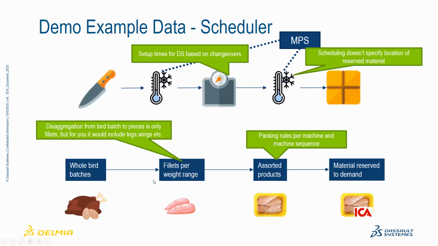Third, as I mentioned, we'll be looking at fillets per weight range. So for example, 110 to 120 gram fillets. Of course, in HKScan's case, there would also be a disaggregation down into wings, legs, and so on.